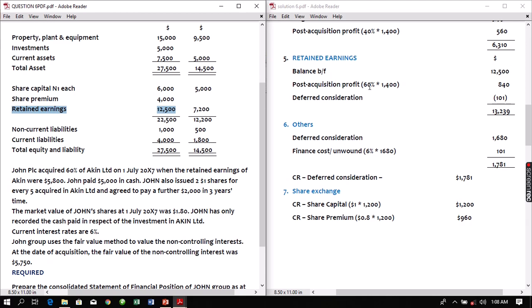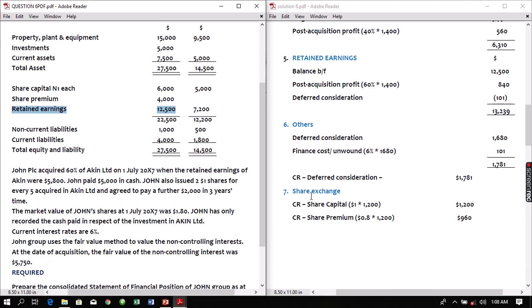So 60% of post-acquisition profits, which is 1,400, gives us 840. That is how our retained earnings at the end of the year is 13,239. And before I go, I need to explain share exchange.